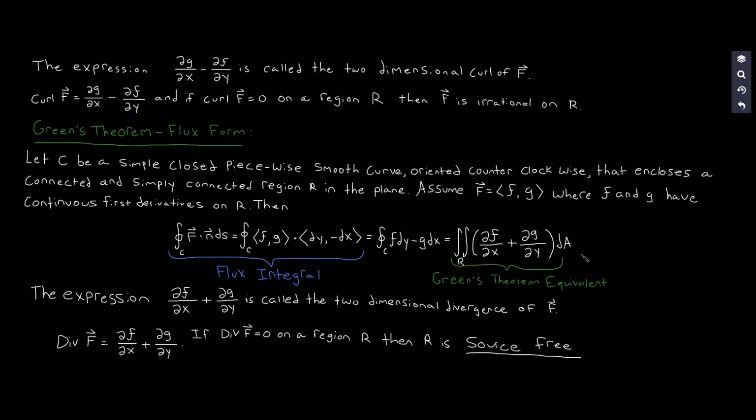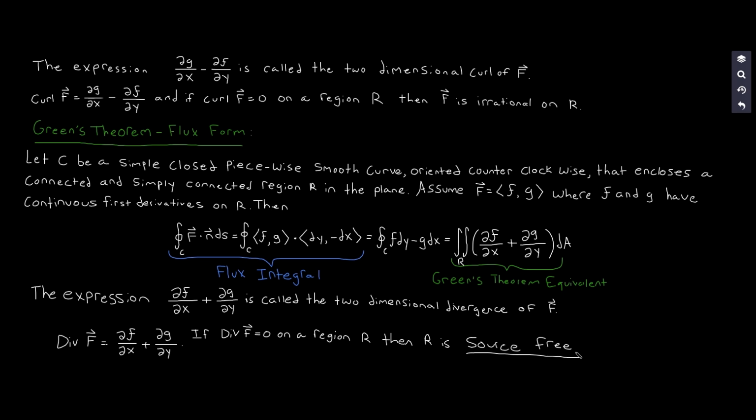The expression in the integrand, the partial derivative of f with respect to x plus the partial derivative of g with respect to y, is called the two-dimensional divergence of vector f. Divergence of vector f equals the partial derivative of f with respect to x plus the partial derivative of g with respect to y. And if the divergence of vector f is 0 on a region R, then R is source free.